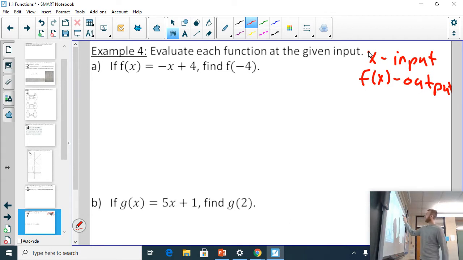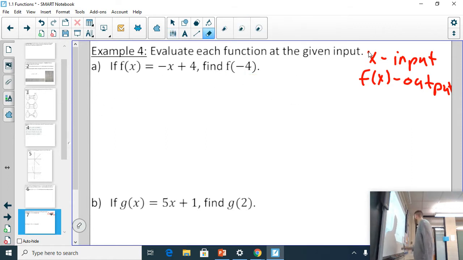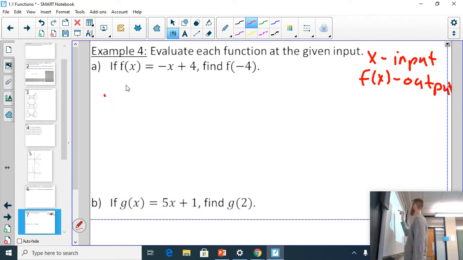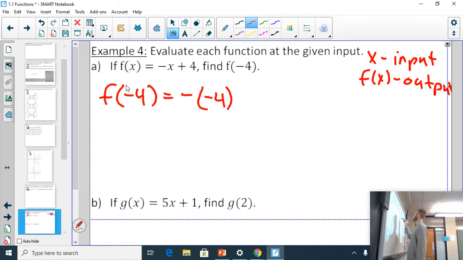The trick here, when I say something like find f of negative 4, since I replaced x in f of x with negative 4, I'm going to replace anywhere else I see an x in this equation with negative 4. So I'm going to write f of negative 4 equals negative, and then I see an x, so I'm going to insert negative 4 in parentheses, and then plus 4.